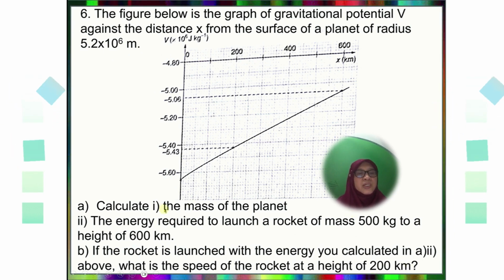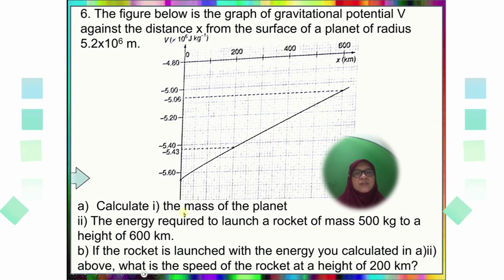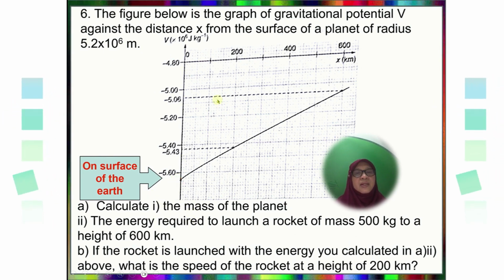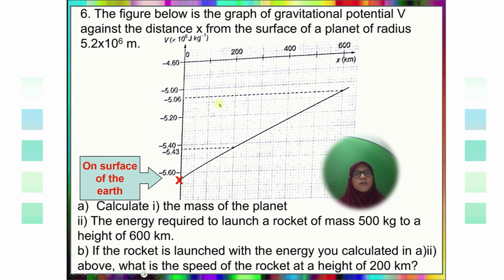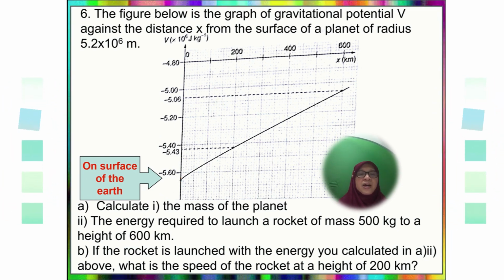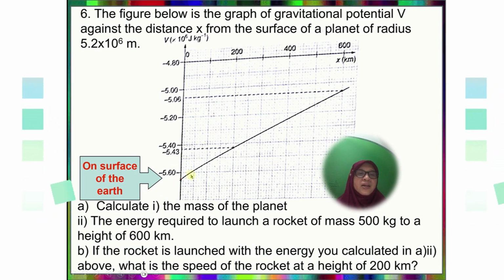So we do question A1, the mass of the planet. There are two analyses that can be made from the graph, which are the gradient and the area under the graph. Another one is the y-intercept.